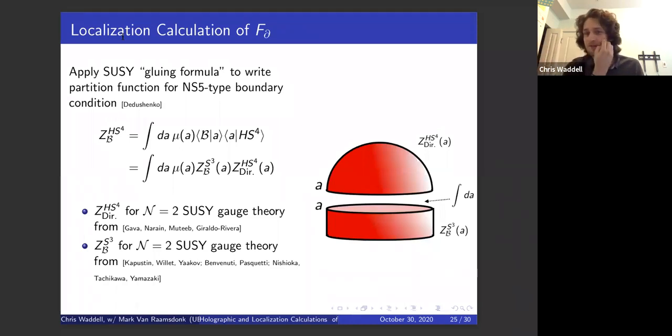Fortunately, both of these partition functions have been computed previously using supersymmetric localization. So we're essentially able to import these results and then evaluate this zero-dimensional integral, a path integral, by elementary means.